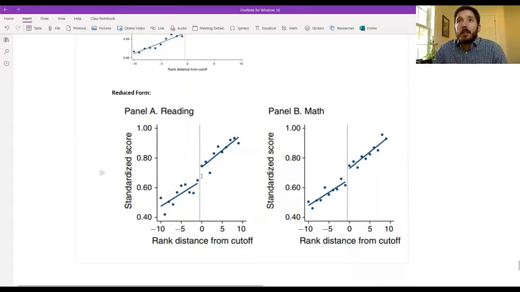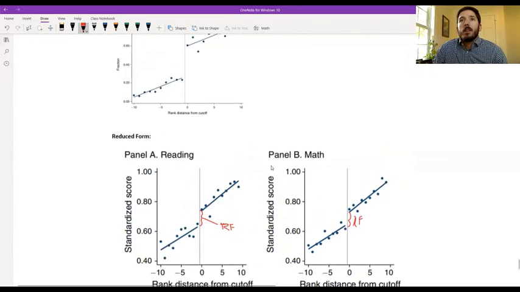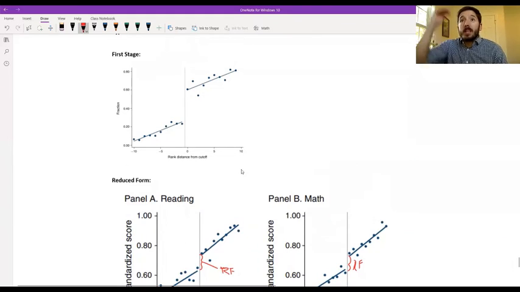The treatment effect that we're after, and again, it's going to be a local average treatment effect. If you remember when we were talking about IV, the reduced form piece is going to be the difference between where this line falls and where this line falls. That's our reduced form here for reading, and we've got a similar one for math. Those would be our reduced form estimates.